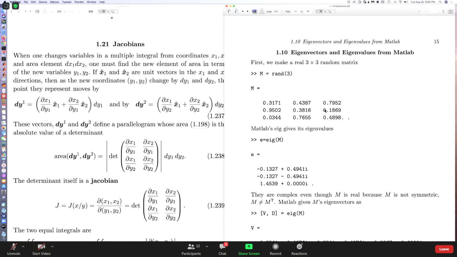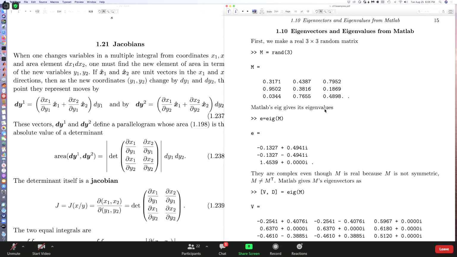Let's see how Matlab does eigenvectors and eigenvalues. Let me give you some examples. I don't know what Matlab does. I think they probably use something more sophisticated than just the LU decomposition. In fact, one thing that they do, I know, is something called pivoting.